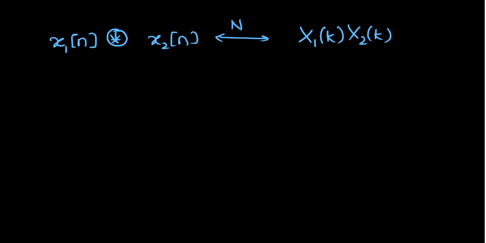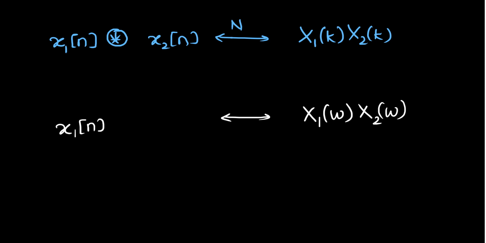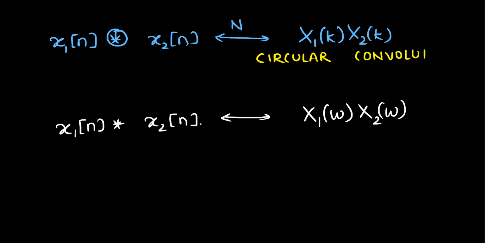But when we had the case when we were having x1 of omega being multiplied by x2 of omega, at that time instead of having this circular convolution, we were having the linear convolution. So this is circular convolution, and this is linear convolution.